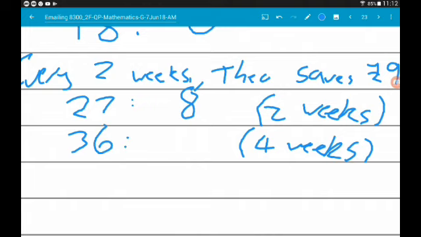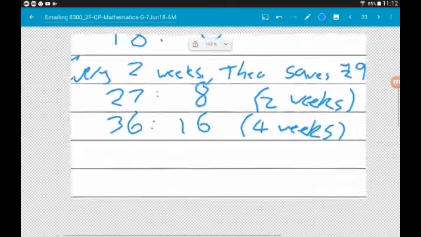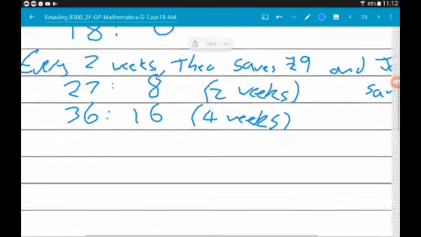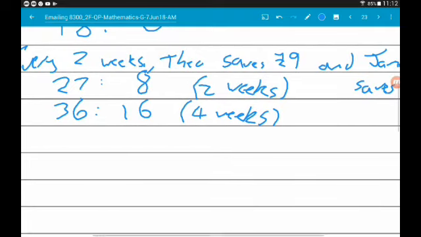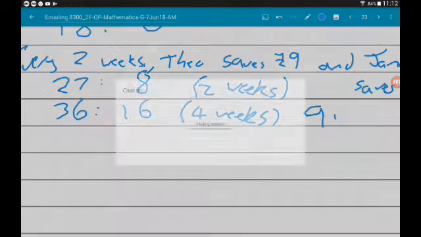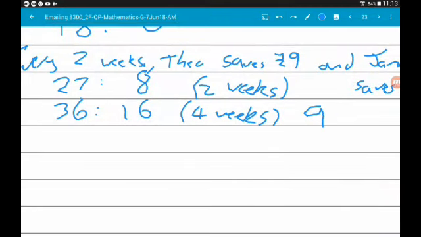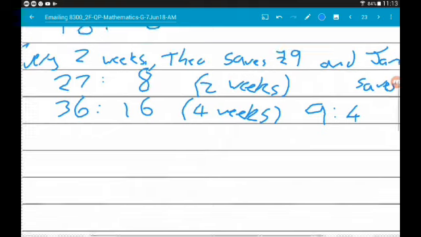James will have another 8, so he will have 16. Now this ratio does simplify. There is a common factor there of 4, so that would simplify down to 9 to 4. Now that is not 15 to 8, so that's no good.